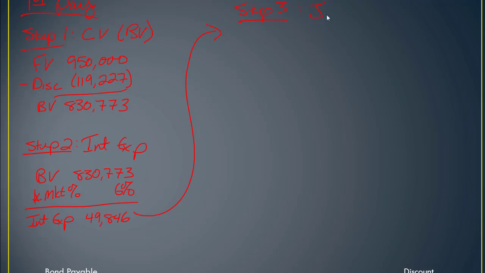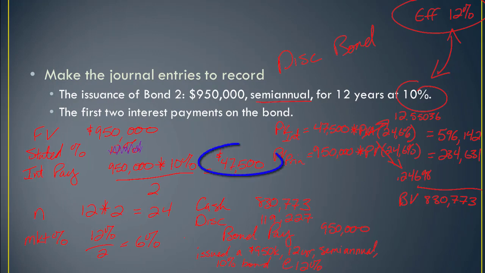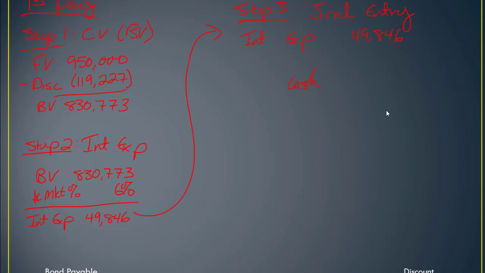And we're going to use that up here in our third step, which is the journal entry, the best part. So I'm going to debit interest expense $49,846. I'm going to credit cash, and I know how much cash I'm paying because I calculated it as part of my time value calculation. So here it is. It's 47,500.